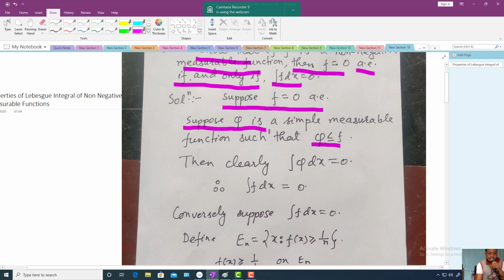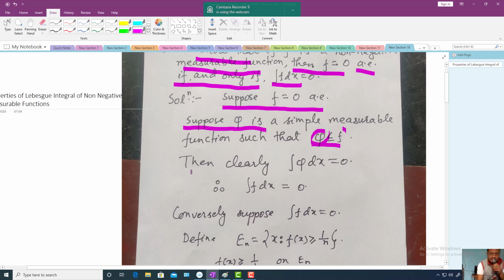That is the integral of f from the definition. Then just think about a simple measurable function phi which is less than or equal to f. Since f is non-negative, phi is also non-negative. Then definitely phi is also equal to 0 almost everywhere.